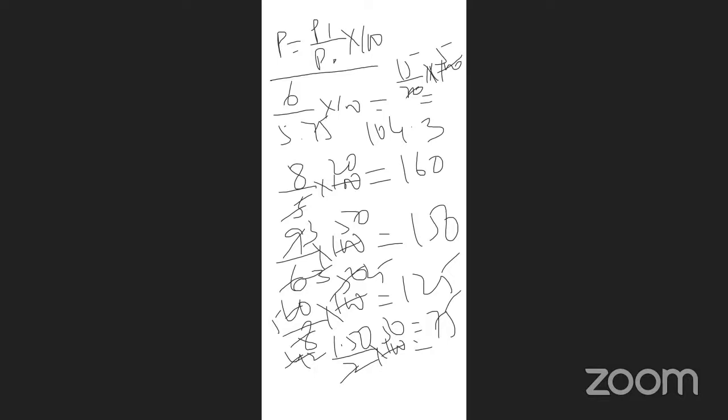Right, so you got the P values. Now you tell me the price relatives. The first one is how much? 104.3.